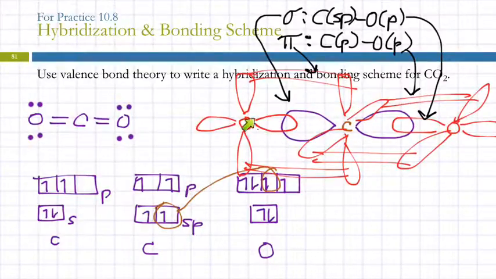Those can't both be with the same oxygen, right? Because they're on opposite sides of the carbon. So then what do I have left? I have p orbitals here, and I have a p orbital on the oxygen. So one of these makes a pi bond with 1 oxygen. The other p makes a pi bond with the other oxygen. So that's what these red scribbles are.